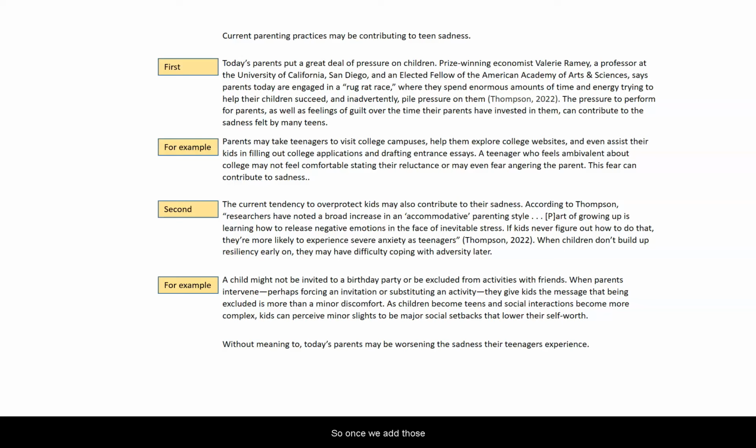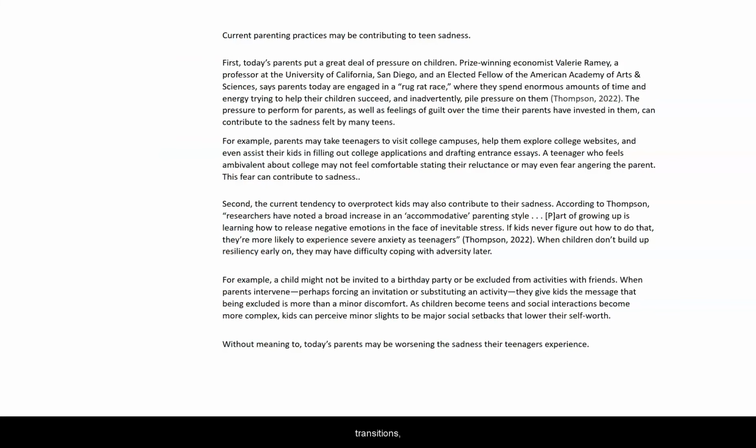So once we add those transitions, we're ready to combine all of this material together into one paragraph. And all we do is we just put our cursor down and delete the spaces, the line breaks, and indent the first line, and we end up with one solid paragraph.